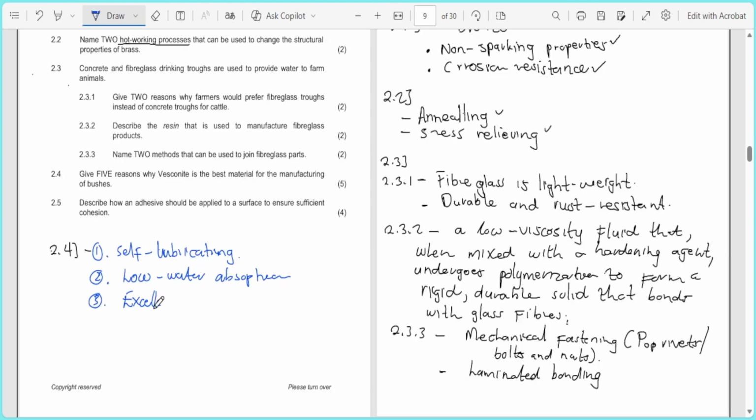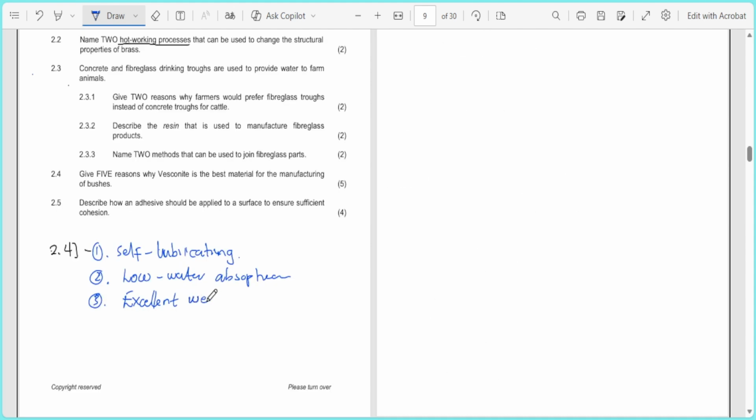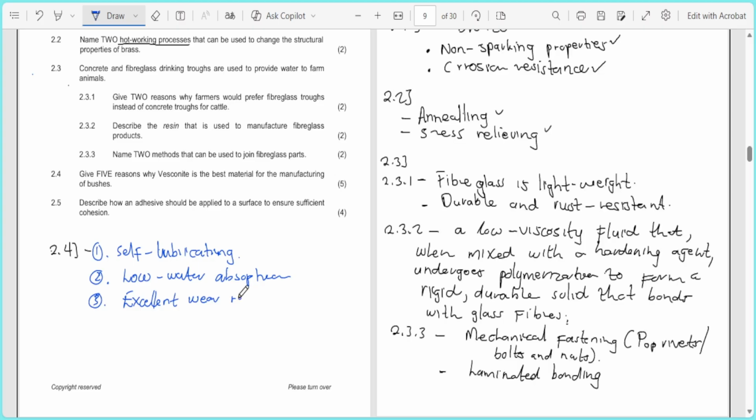Number three, we have another reason, which is excellent wear resistance. It is reinforced with fibers and fillers to withstand abrasive farm contaminants like soil and sand.